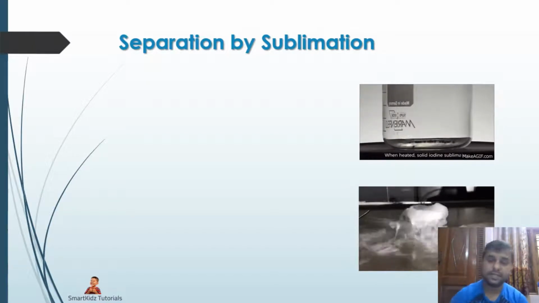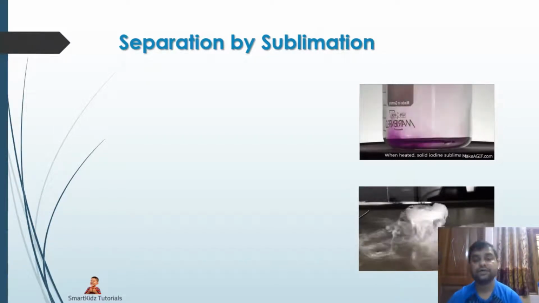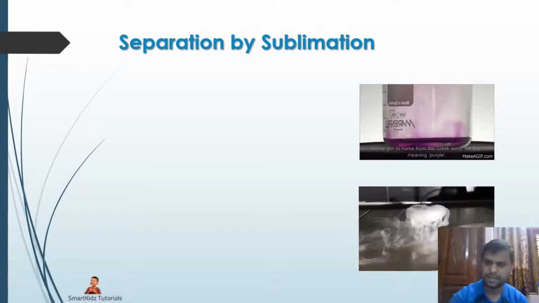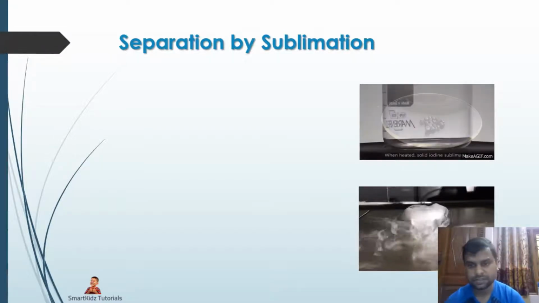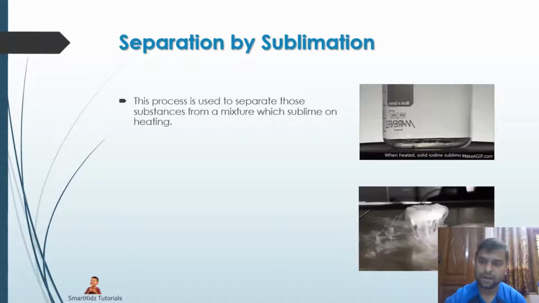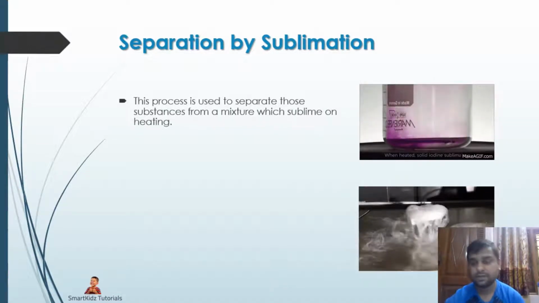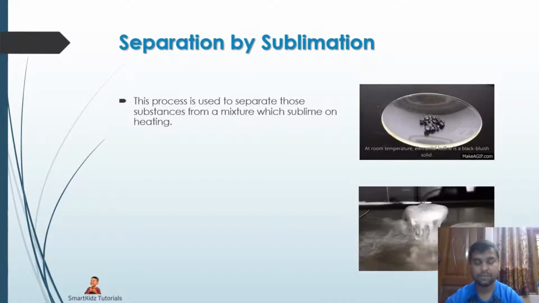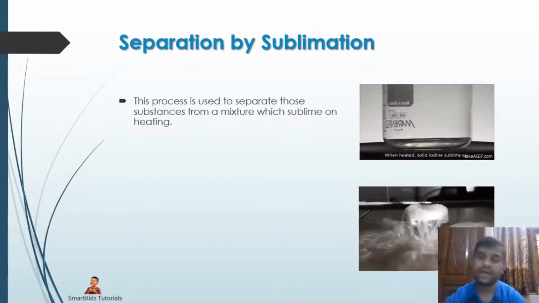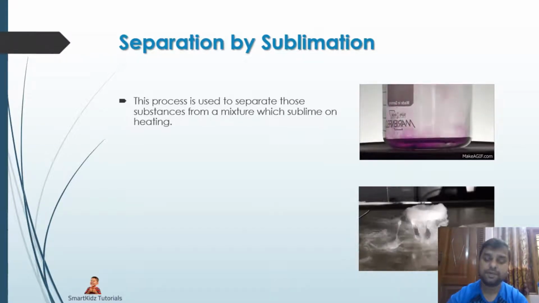But in this case, we have two examples, and we can see two of them on the screen over here. The top one is about when iodine is heated. When iodine pellets, small tablets, are heated, they directly turn into these violet or purple fumes that you can see.